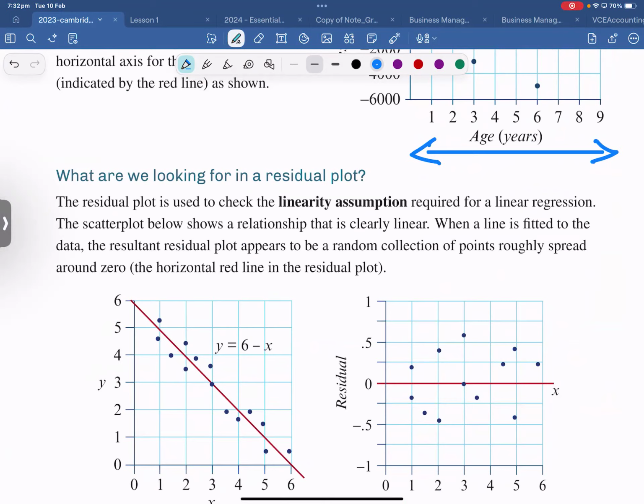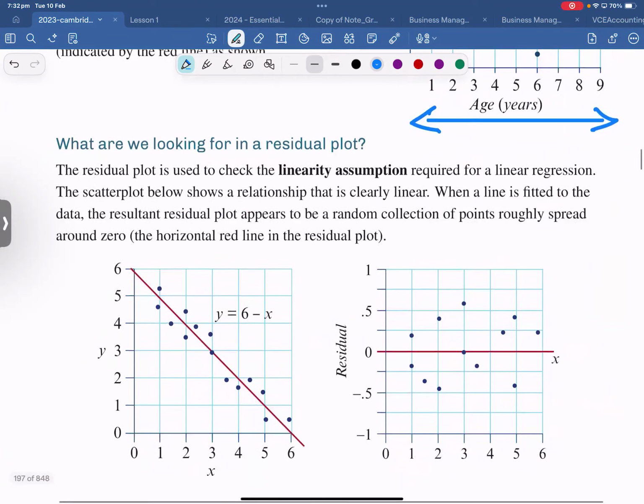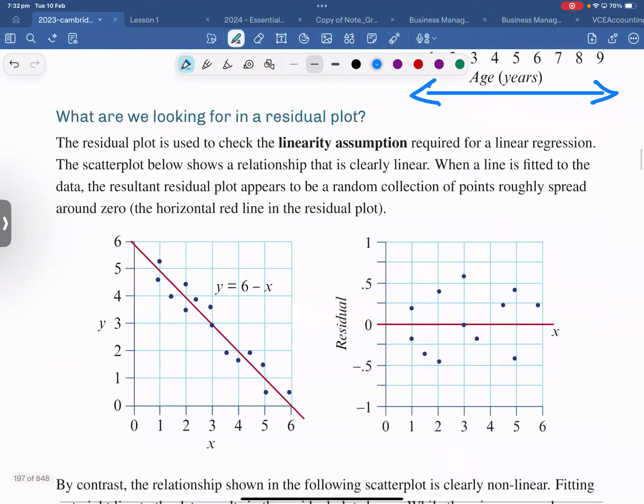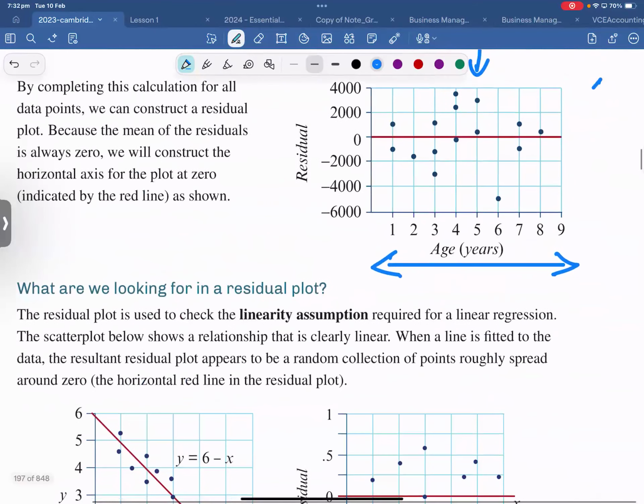What does that mean? Have a look at this one, guys. Let's say if the residual plot is a random one, like this.